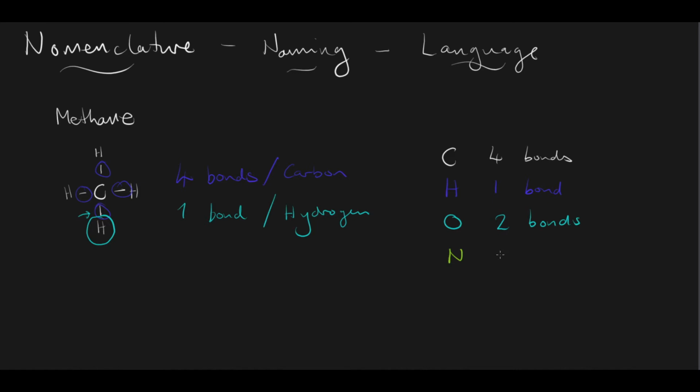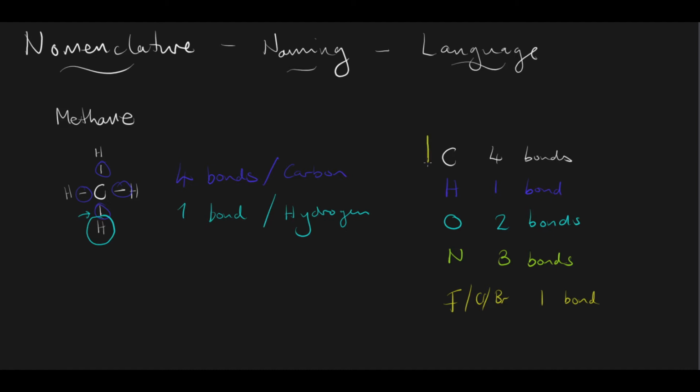Nitrogen has 3 bonds normally. And fluorine or chlorine or bromine all have 1 bond. Now of course there are a few exceptions to this, but most of the time, if you're not sure how many bonds to give something, this is a good place to start.